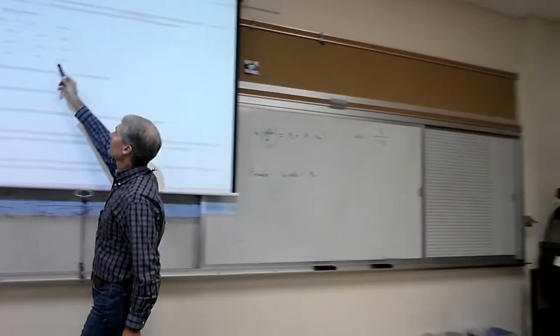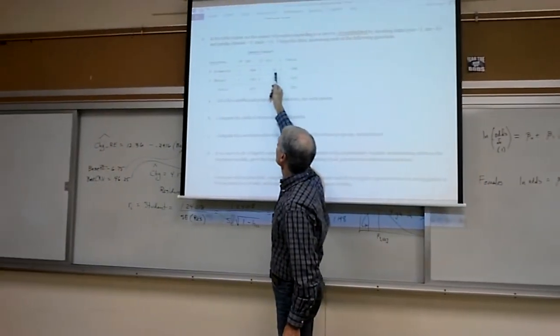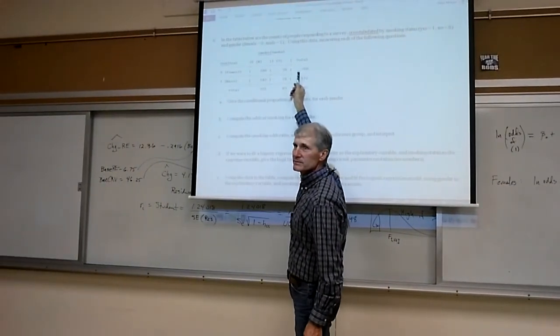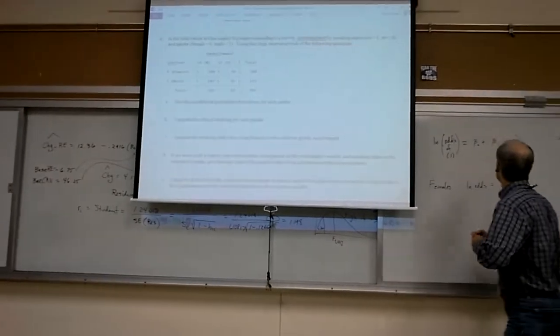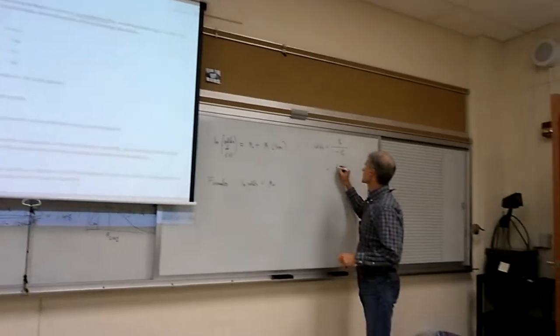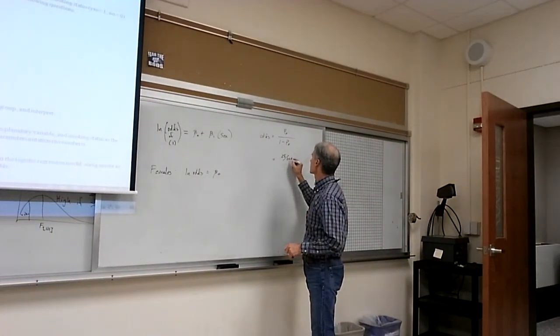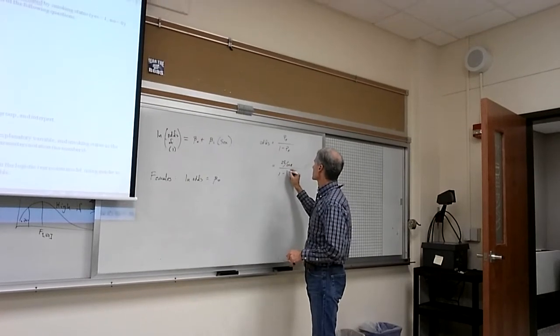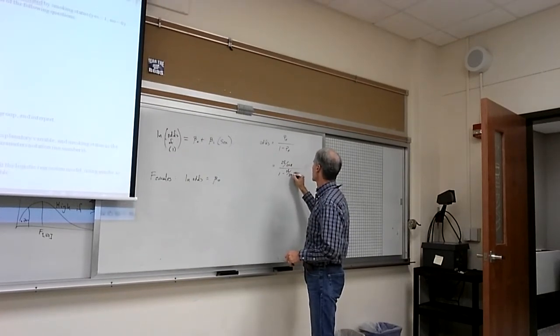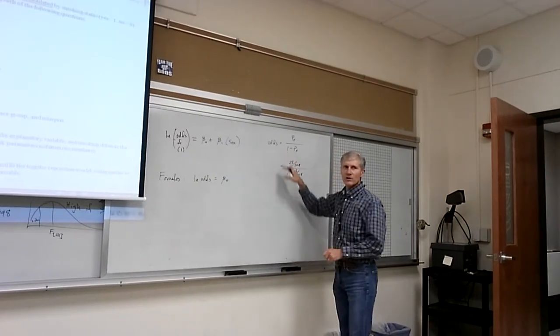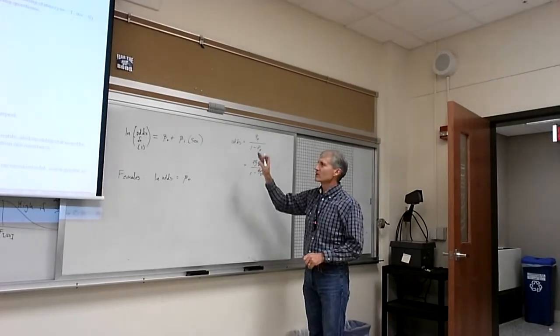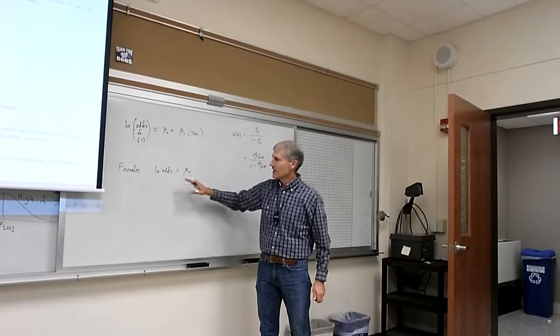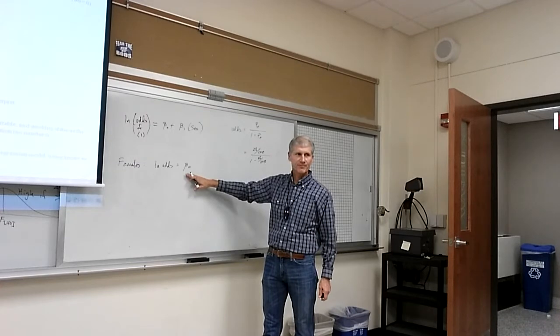So you look at females, what's the probability they're a smoker? 28 out of 208. Even just using fractions, this is 28 out of 208 over 1 minus 28 over 208. That gives you your odds. Then you take the log of that, and you have your beta 0 estimate.